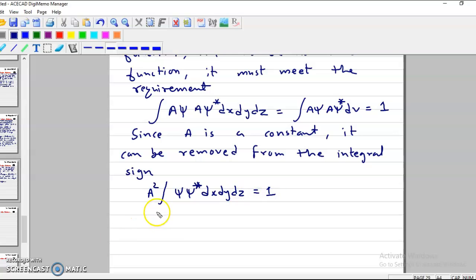Or we can write the integration of psi into psi star dx dy dz is equal to 1 upon a square, which is a raised to minus 2.